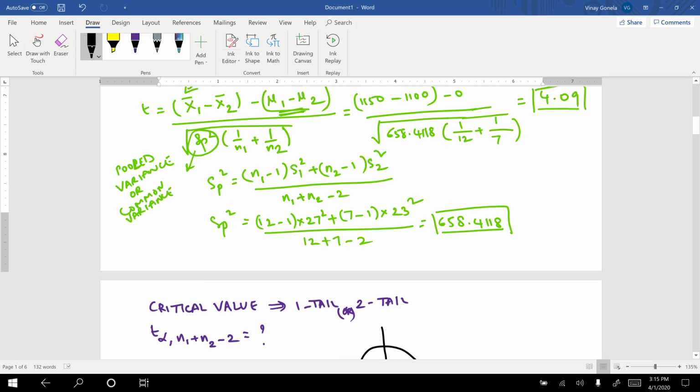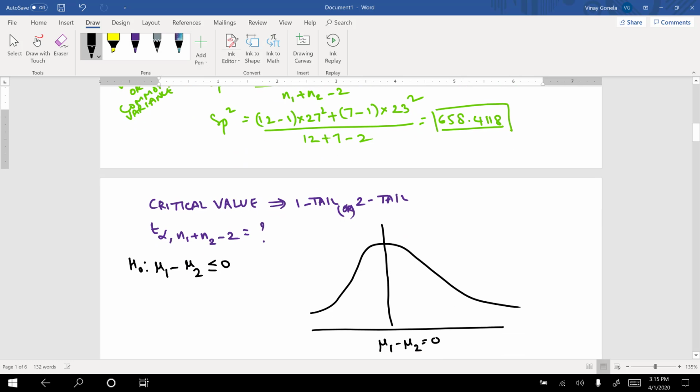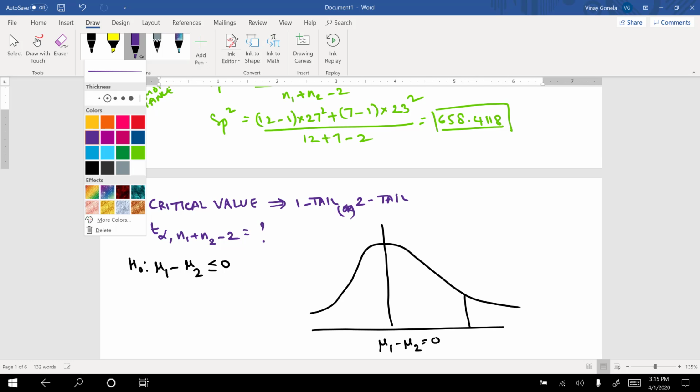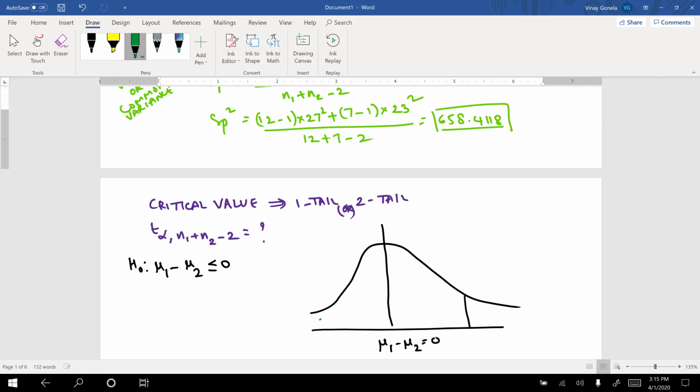So it's less than a certain value. This is the null hypothesis curve, H null.